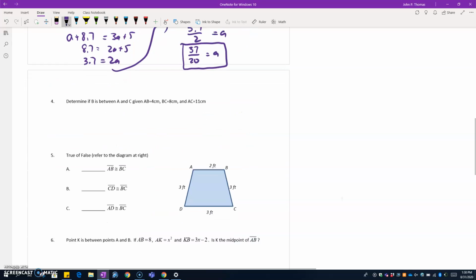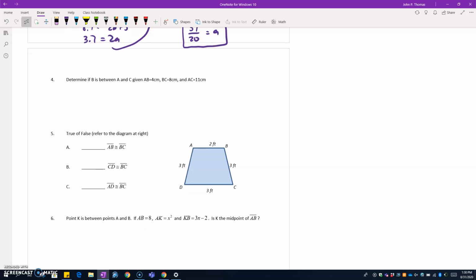Occasionally they'll just do it all in words here. They'll say determine if B is between A and C. So they're saying find out, does B meet the definition of betweenness for A and C? If I set this picture up, that would mean AB, the 4, plus BC, the 8, would need to equal that other piece, which is 11.